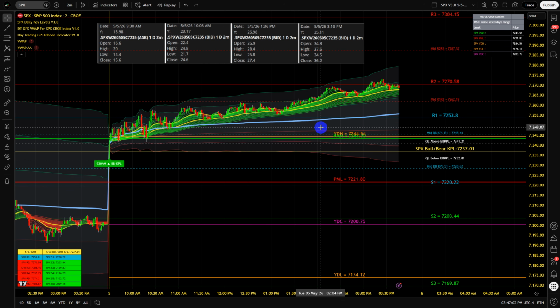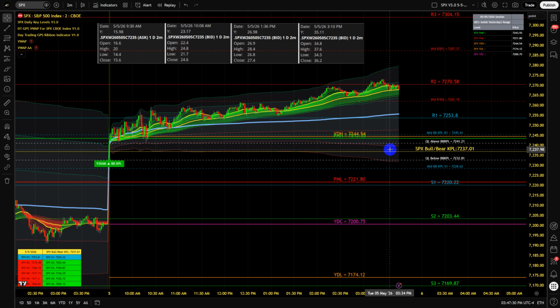The reason it's called a minimum ideal two-level move is that on 80% or so of the sessions that you'll see in a normal volatility, normal year for SPX, a two-level extension from the bull bear key price level in either direction or in both directions is going to be the extent of what you are going to see in approximately 80% of the sessions throughout the year.